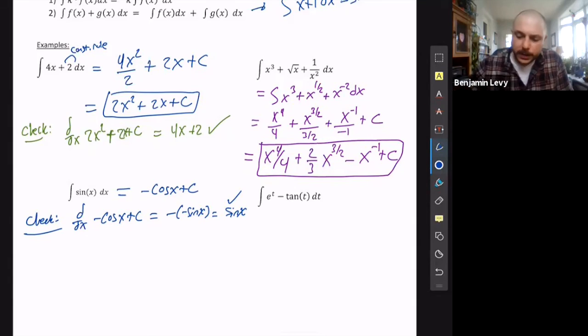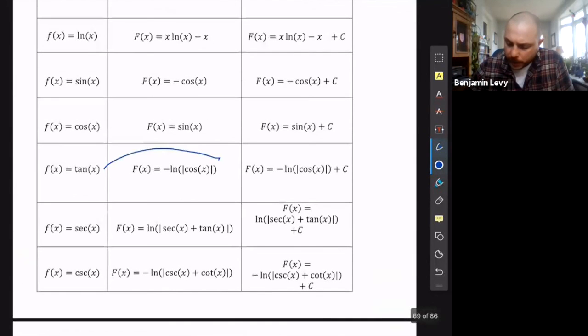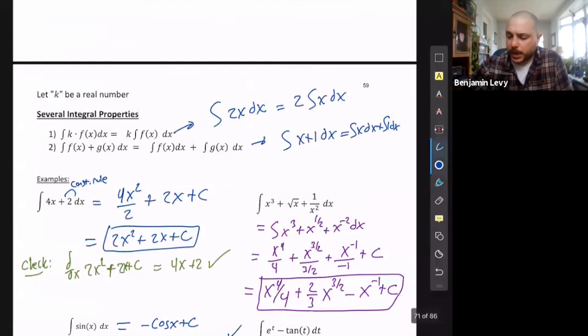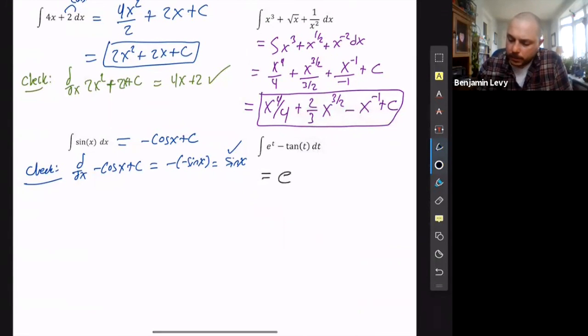Tangent's a weird one, right? That's definitely not one that I have committed to memory. It becomes this, right? It's a little bit strange. But we just apply that. E to the x is one of those nice ones, right? It just stays the same. E to the x doesn't change, or e to the t in this case. And then we end up with a double negative.